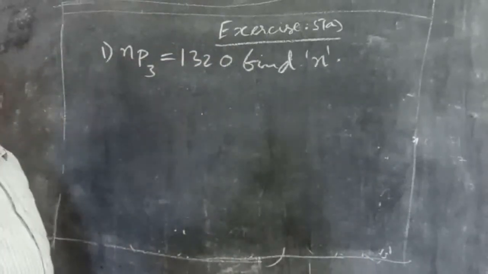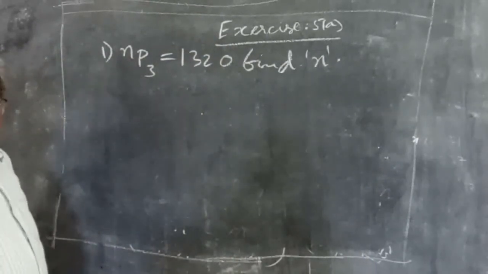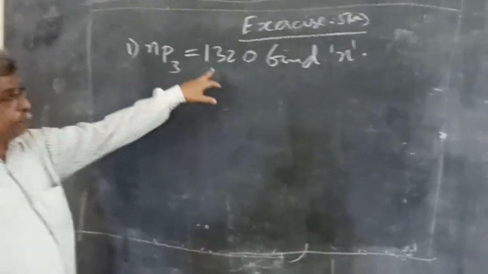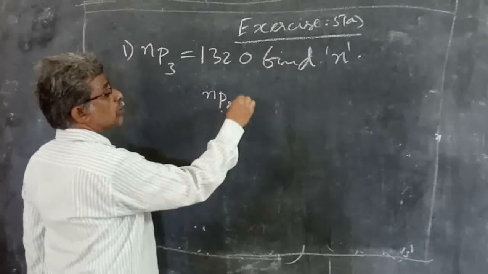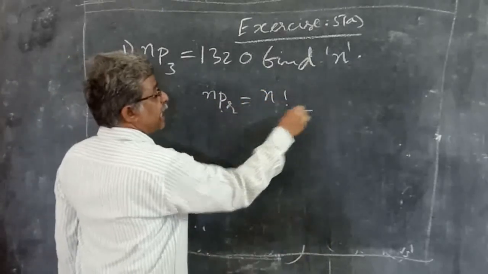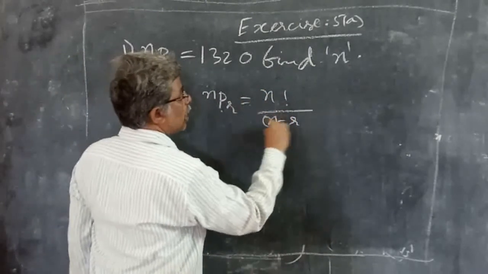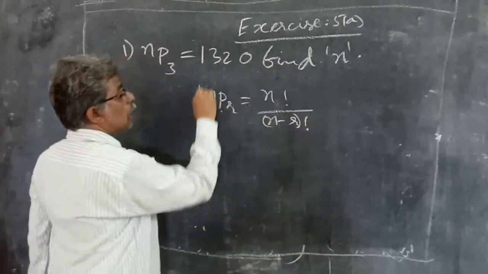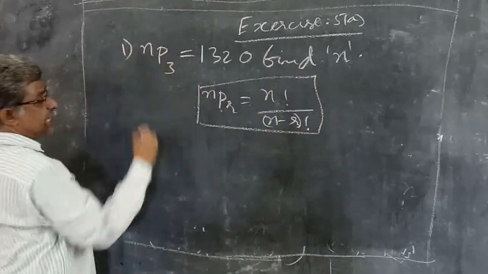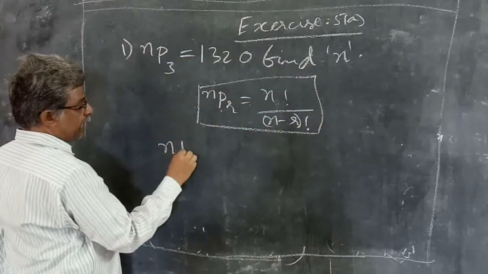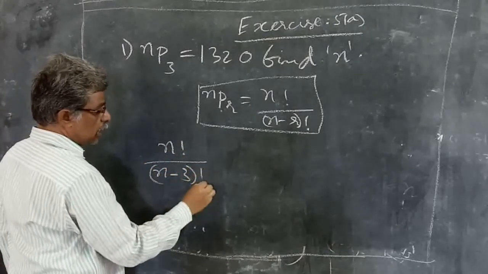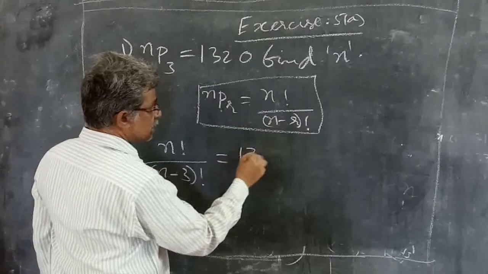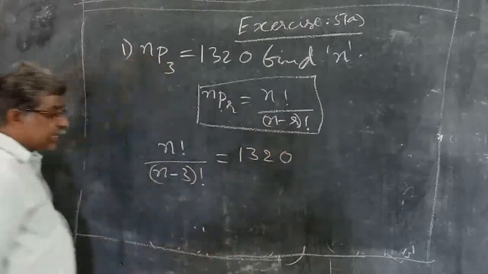What is NP3? NPR formula we know: N factorial by N minus R factorial. So NP3 is N factorial by N minus 3 factorial, equal to 1320, as given.